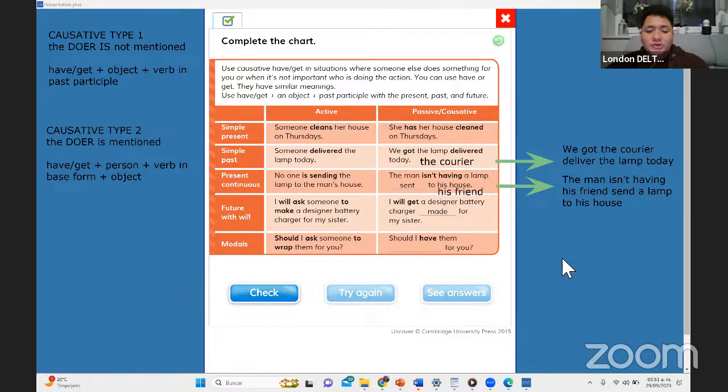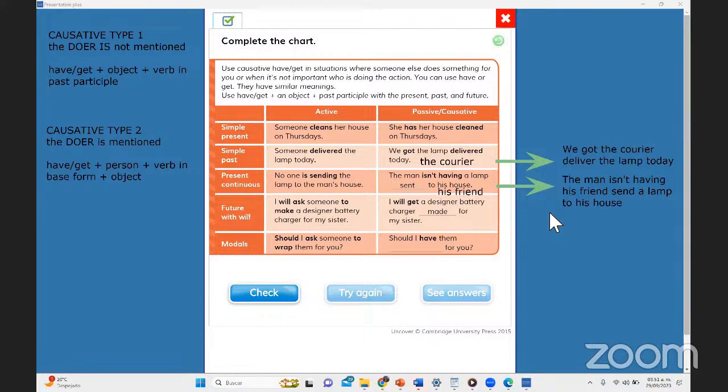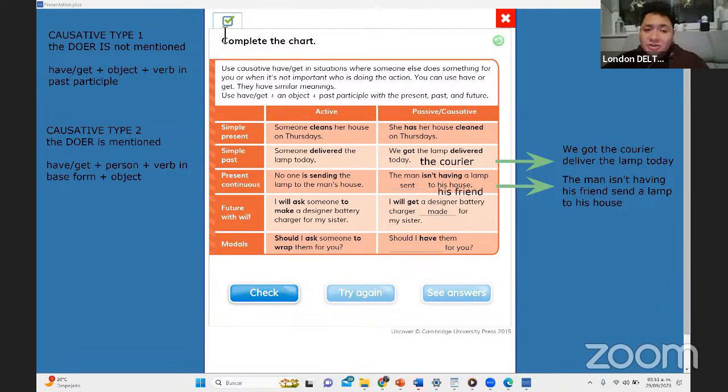Okay. So, what kind of person do you think could design something like a charger? What person could design a charger for batteries? Electrician, or a technician, right?